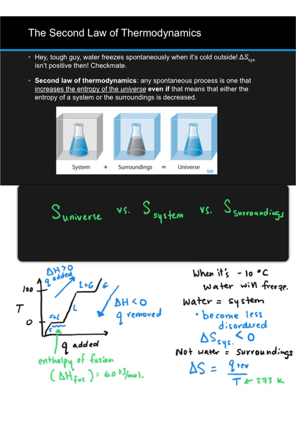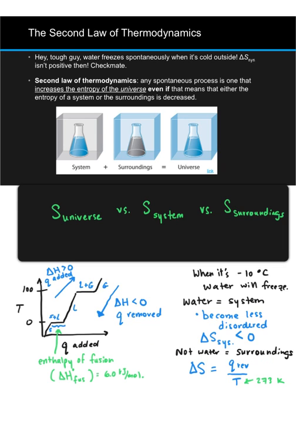Well, as we move down this graph, we said that delta H is removed. Delta H is less than 0 for our water, the system that we're interested in. But as that energy is removed, where does it go? Well, it goes to anywhere that's not water. And we said that anywhere that's not water are surroundings.